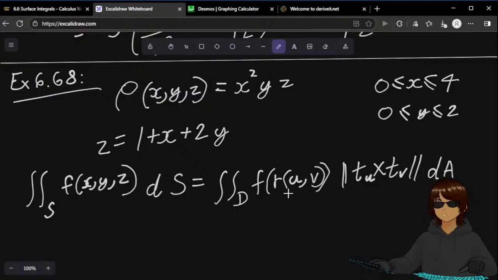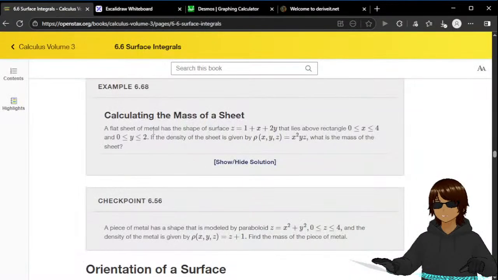We will treat this as the r(u, v), right? x, y, z over here has the shape of the surface z equals 1 plus x plus 2y that lies above the rectangle 0 to 4 and 0 to 2.